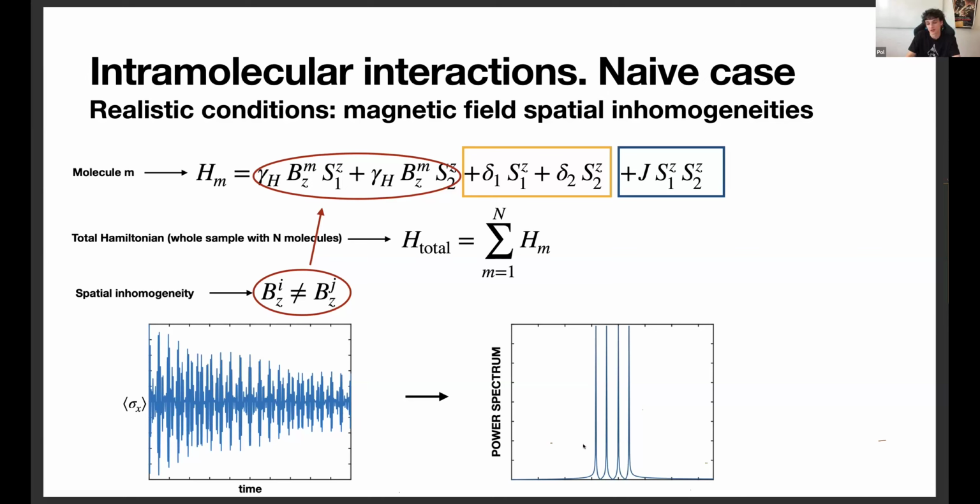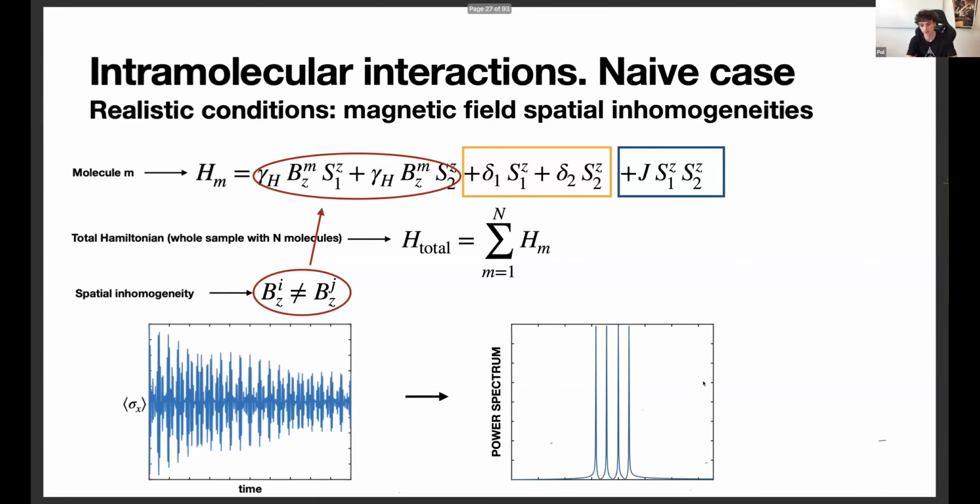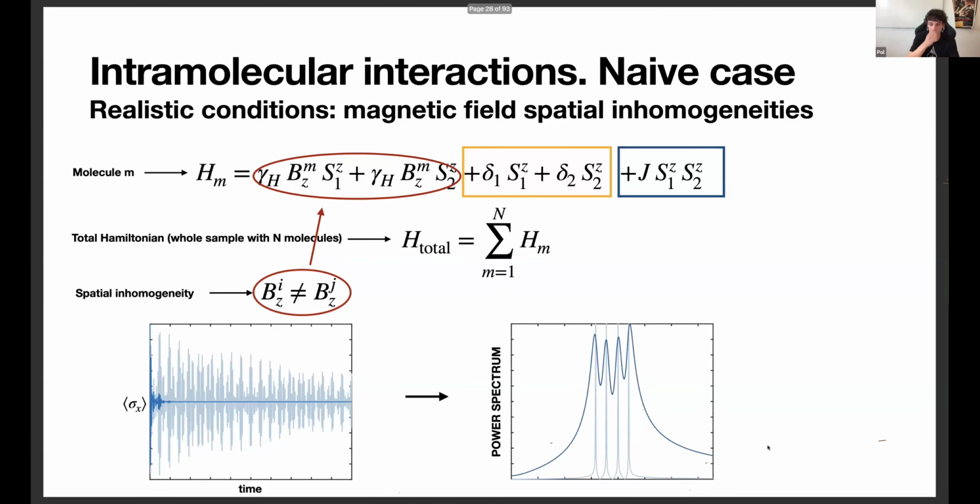And this is the corresponding Fourier transform. This is what we've seen in the previous slide. But now if we consider the magnetic field inhomogeneities, what happens to the signal is this. So effectively, the coherence time of your sample reduces, and it reduces, as you can see, quite a lot. And the effect that it has on the spectrum is that your peaks become much, much wider. Before they were quite narrow, but now they are very wide.